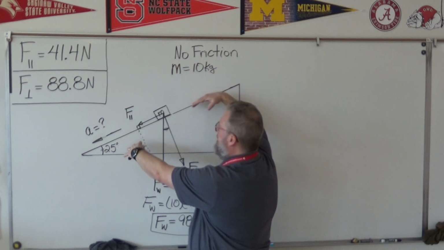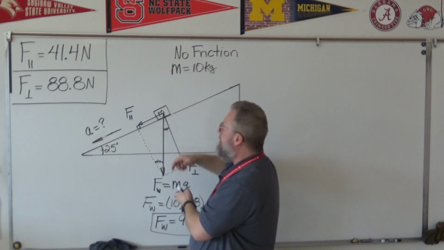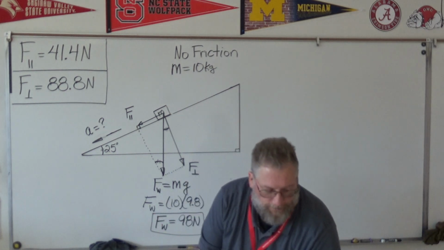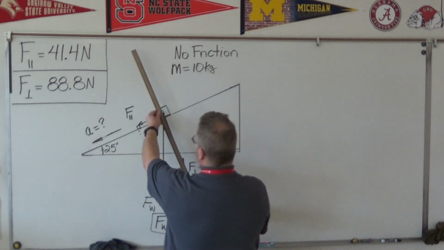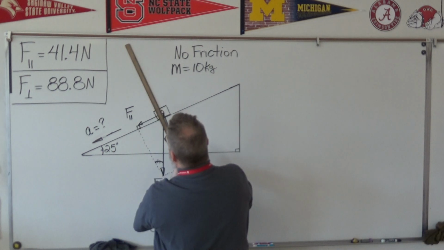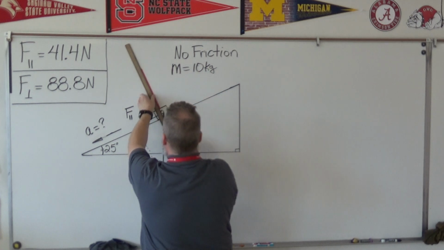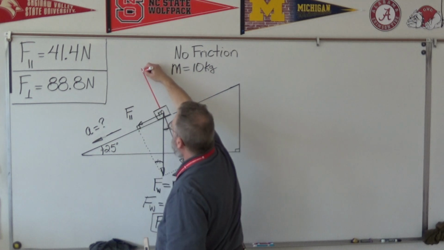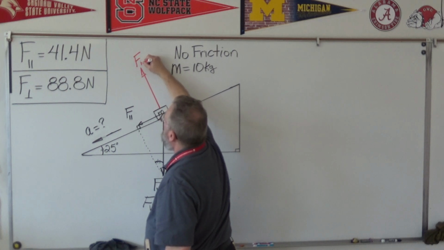The whole incline means this surface is pushing back up against that box. So your normal force is actually pulling up in this direction over here. Okay? So your normal force is right there.